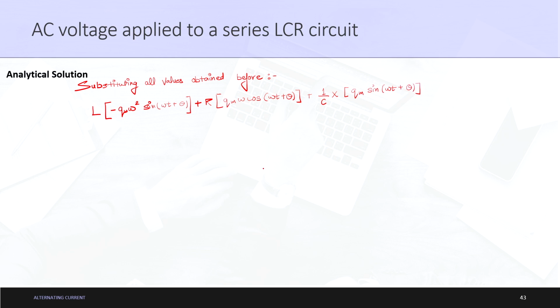Now, let us try to understand this more. If I rearrange this equation, what can I obtain? We know that XL is equal to omega L and XC is equal to 1 upon omega C. So, we can just divide by omega in each term.